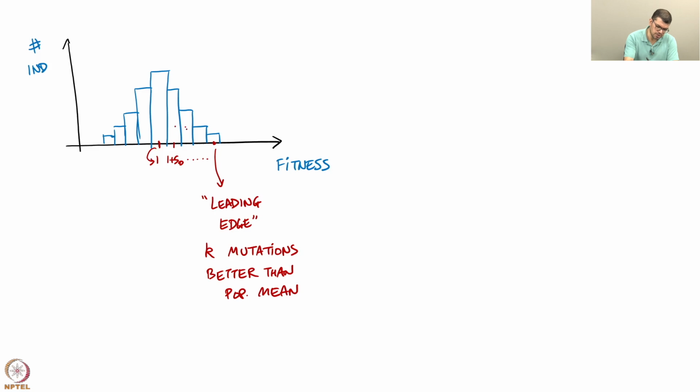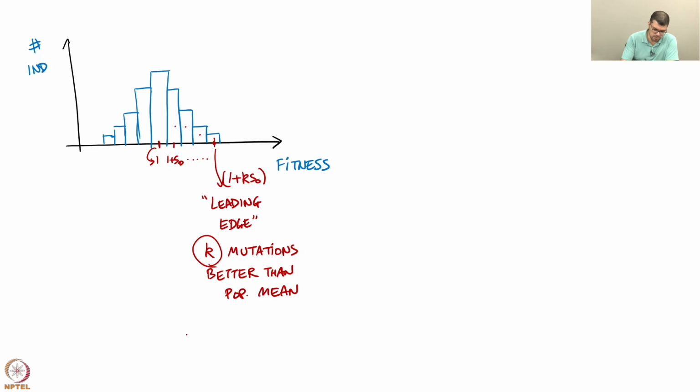This is 1 plus S naught, this is 1 plus 2 S naught, 3 S naught and 4 S naught, but it may be 6 S naught or 7 S naught and so on. So, what we are saying is that the leading edge is k beneficial mutations away from the population mean. So, the fitness of this genotype here is 1 plus k times S naught. K in this cartoon happens to be 4.